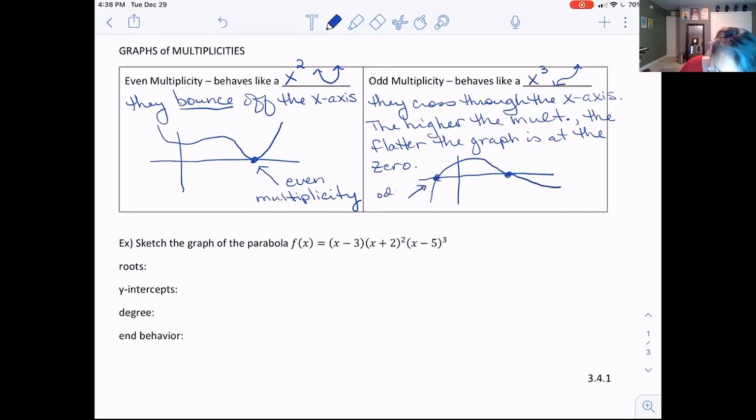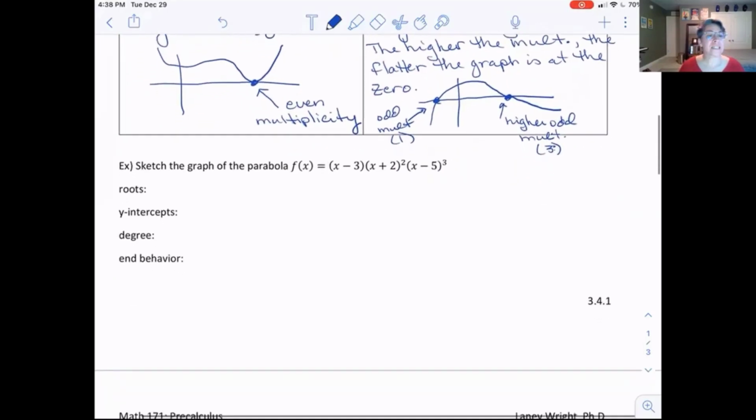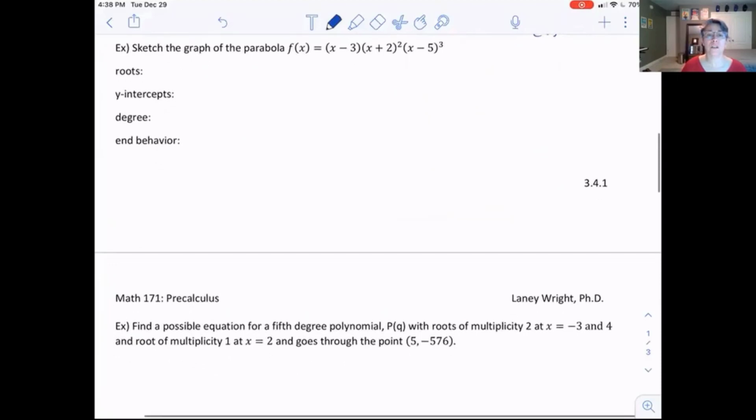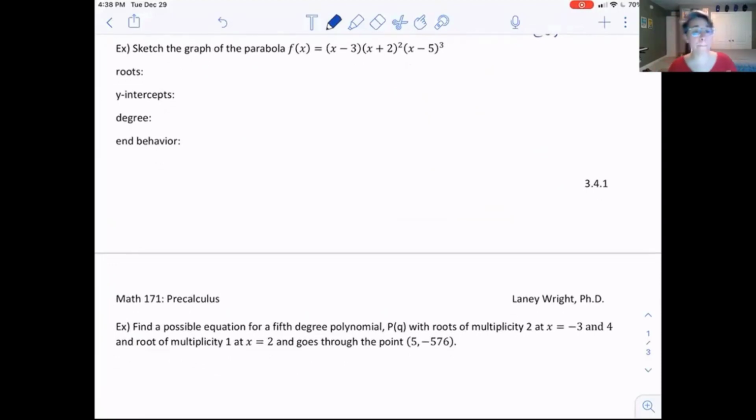So this has an odd multiplicity, could be 1, but this has a higher odd multiplicity. Could be 3. So they're wanting us to sketch the graph of this parabola using our knowledge of zeros and multiplicities. So again, when we say roots, that's the same thing as zeros.